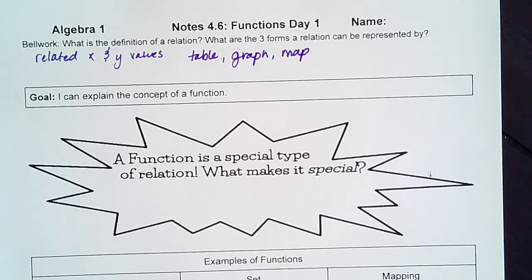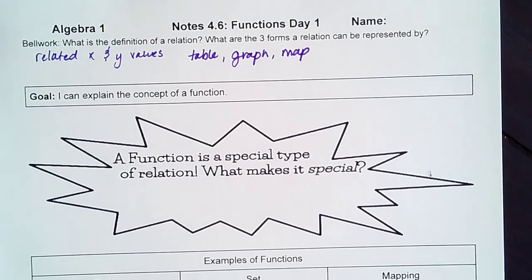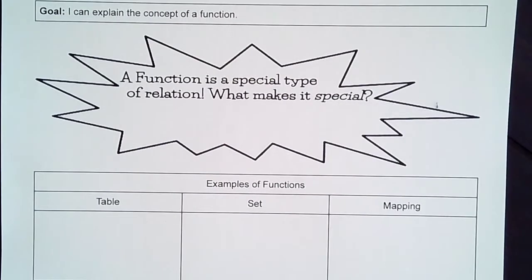Today's goal is to be able to explain the concept of a function, and this is very minimal explanation. Tomorrow, a little bit trickier. A function is a special type of relation. So if your relation is your umbrella term, function is something a little bit more specific.